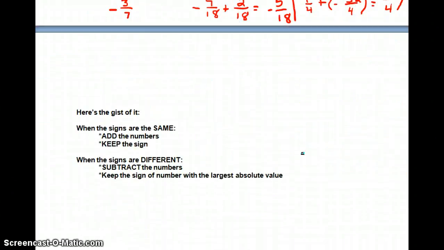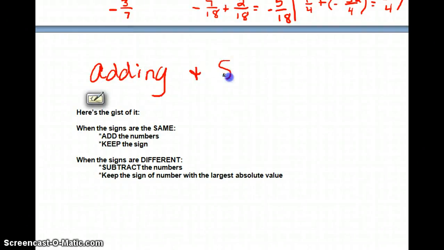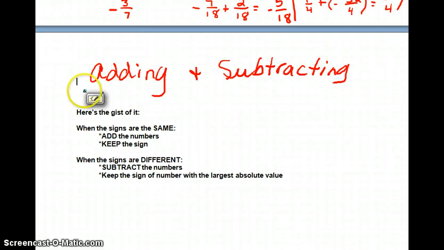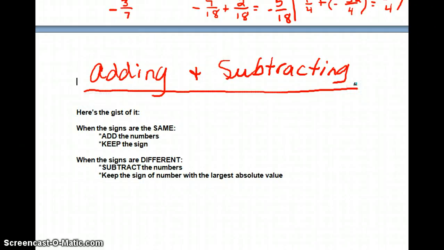What I'd like you to remember, and these rules apply to both adding and subtracting, okay? This is how I remember how to do my problems. If the signs are the same, you are going to always add the numbers and keep the sign.